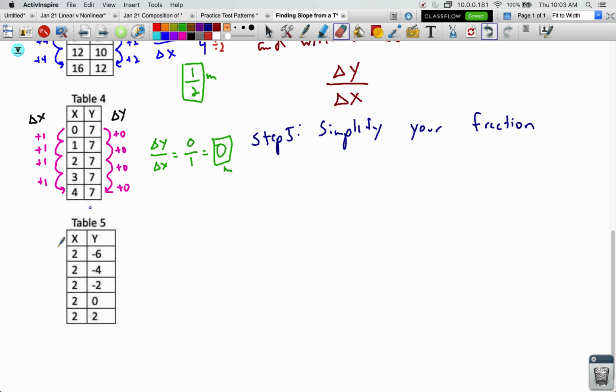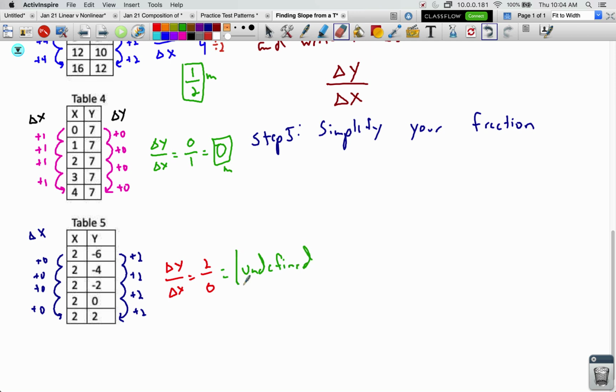All right, something weird's happening with this one. These are all plus zeros, but now that's on the left as delta x. This side over here looks like it's adding up by 2's. But now we've got delta y over delta x equals 2 over 0. And this is different. Anything divided by 0 equals undefined.